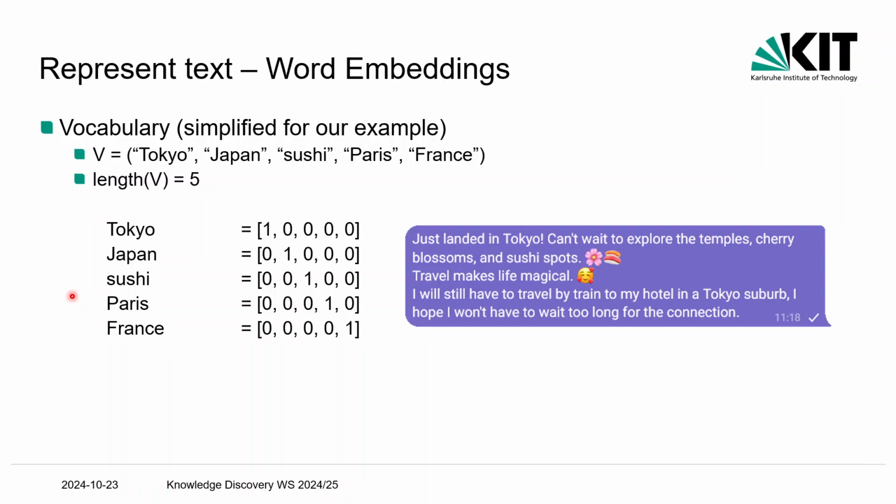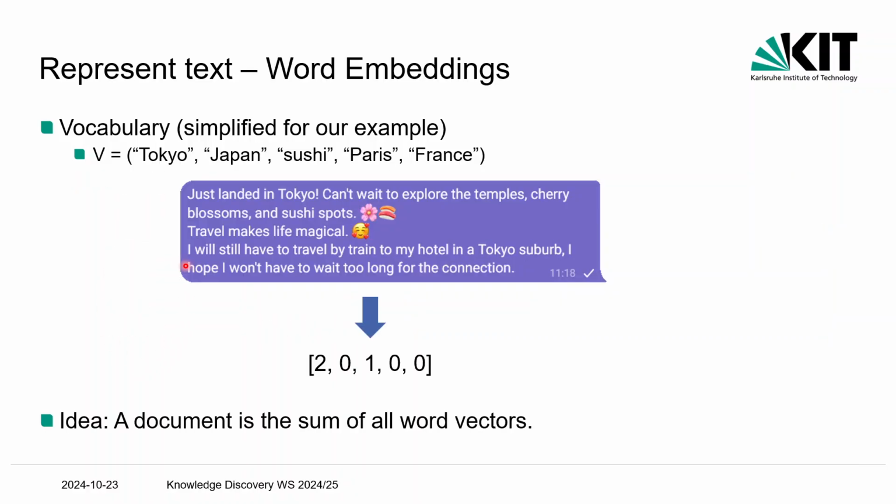So we're still working on the same document we had before with Tokyo. Actually, it's 4 sentences now. It's a slightly larger message. And how could we encode this kind of message in a way that we're incorporating these different embeddings? Let's have a look at it.